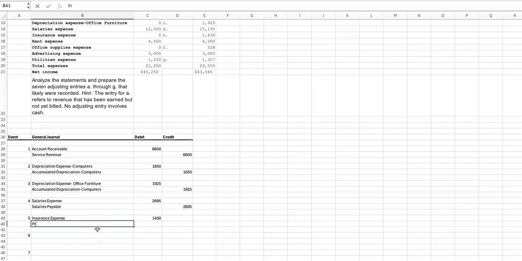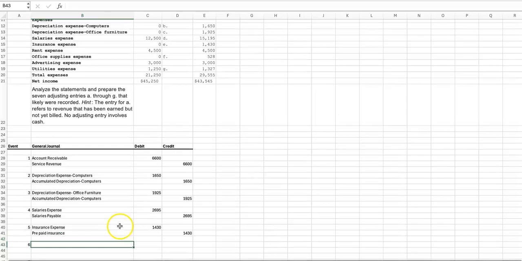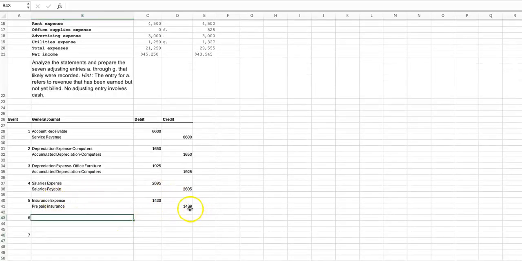The other one that we want to do is credit the prepaid insurance. Prepaid insurance is actually an asset account. So when we increase the expense, that actually decreases our equity, and so that will then on the accounting equation decrease our prepaid insurance, because like I said, prepaid insurance is an asset account.